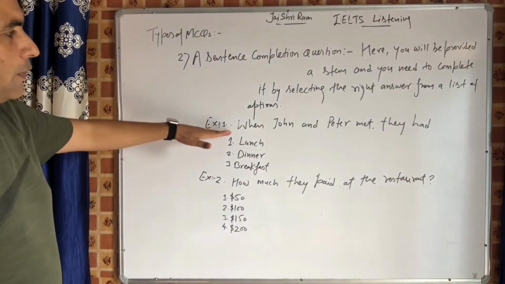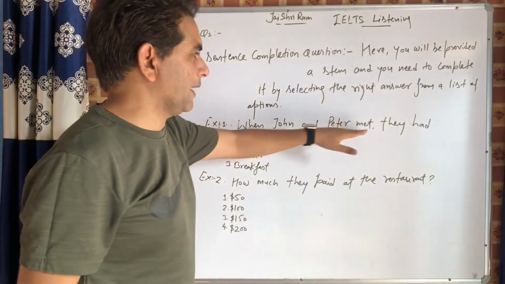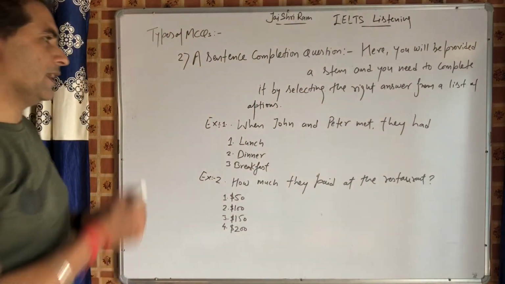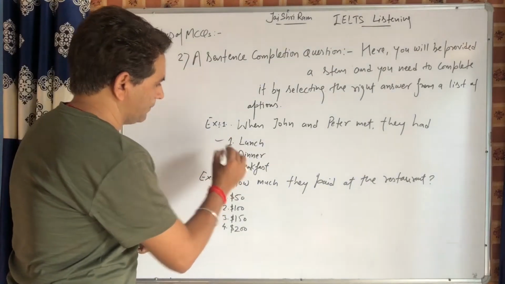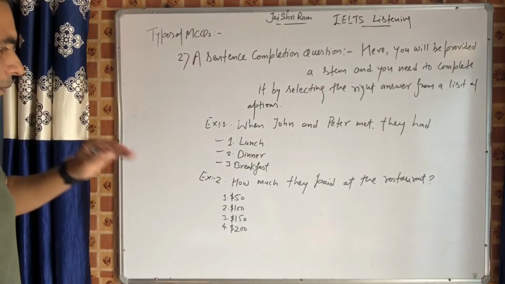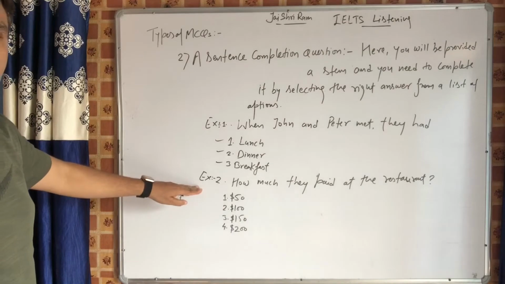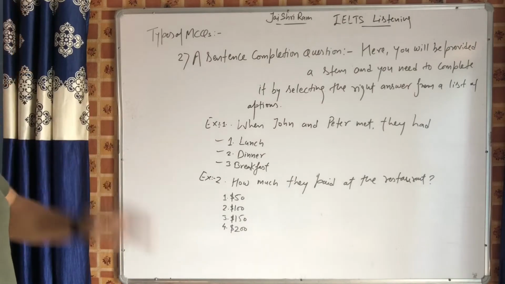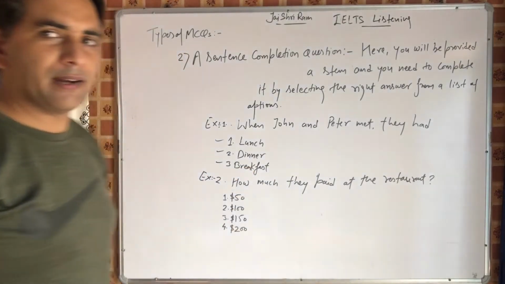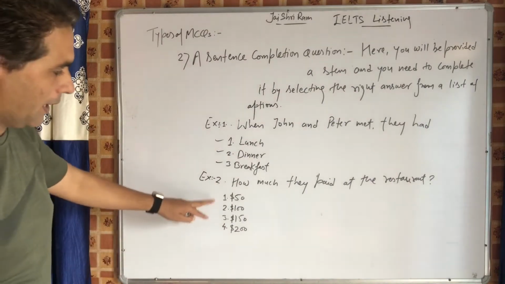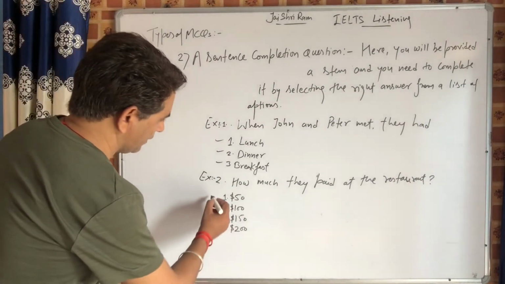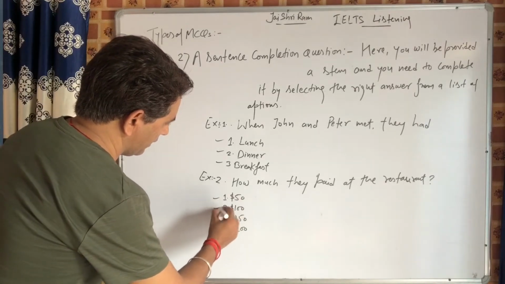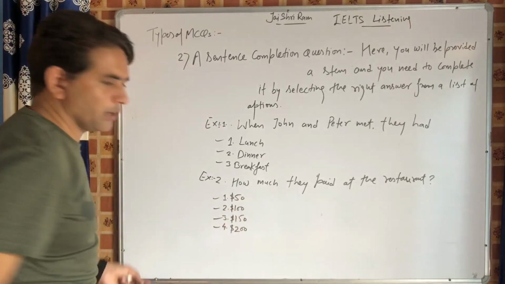First one is: when John and Peter met, they had lunch, they had breakfast, or they had dinner. So you need to pick any one. And if we talk about the second example, you can see: how much they paid at the restaurant, and here you need to pick any one option. So maybe they paid 50, 100, 150, or $200.